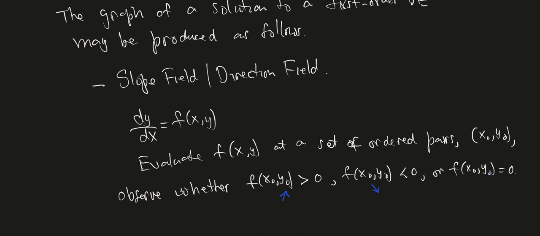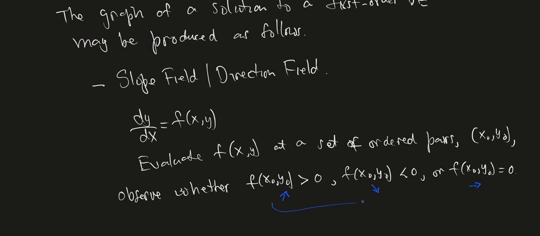And then if the derivative or function evaluated at the ordered pair is neither positive nor negative, well, think about what this means. Remember, when your derivative is 0, that's when you have a horizontal tangent line. So we put a little arrow like this. These arrows simply indicate whether the solution is increasing, decreasing, or constant, right?